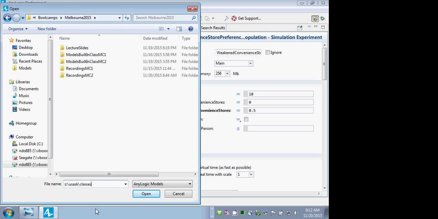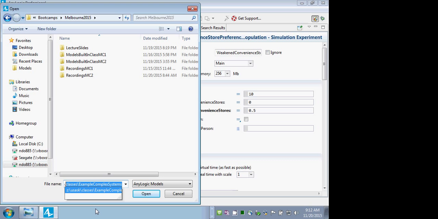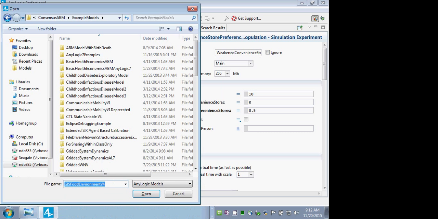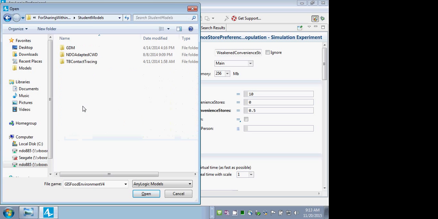There it is, okay. And then it is in for sharing in class only, yes. And here, student models, here it is. Now, this was built in AnyLogic version 6, and so I think there may be some aspects that need to be updated, but I think we should be able to look at this, and if memory serves me, you should be able to run this.